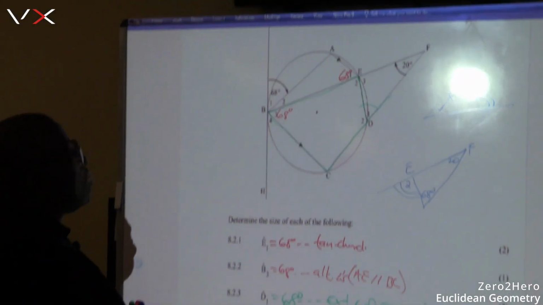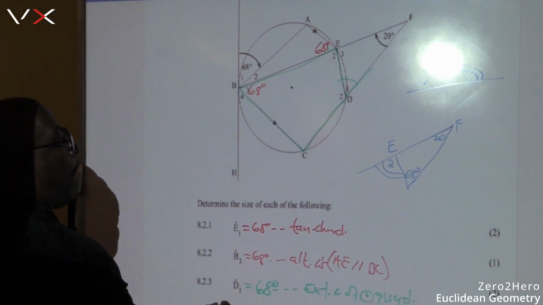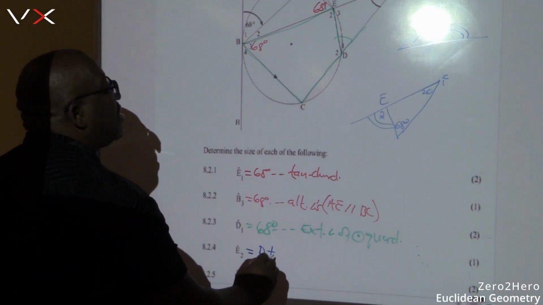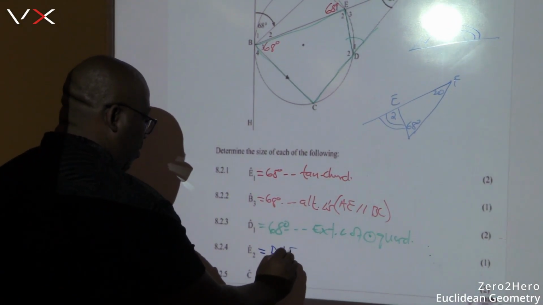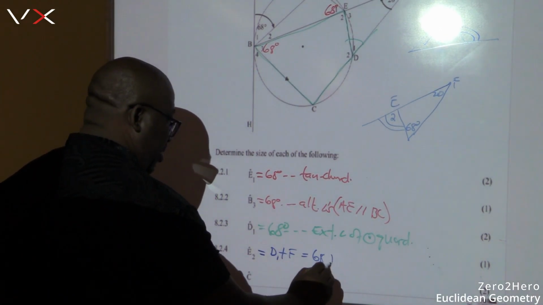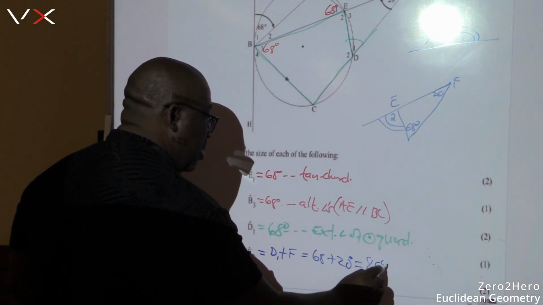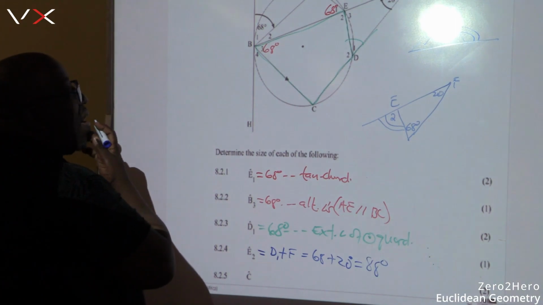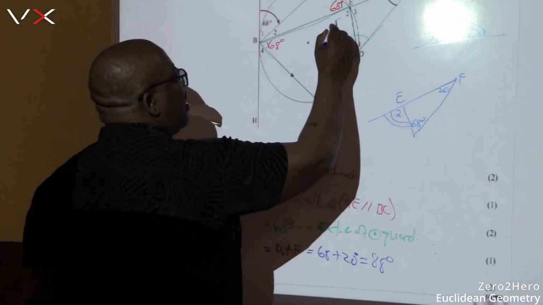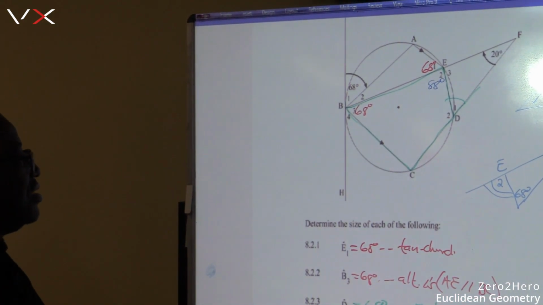So E2 is equal to D1 plus F, which is 68 plus 20, which will eventually give me 88. So E2 is equal to 88 degrees.